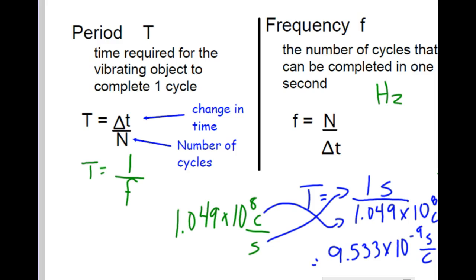Okay. And then this is still what I get. This line is 1 divided by 1.049, and then multiplying it by 10.